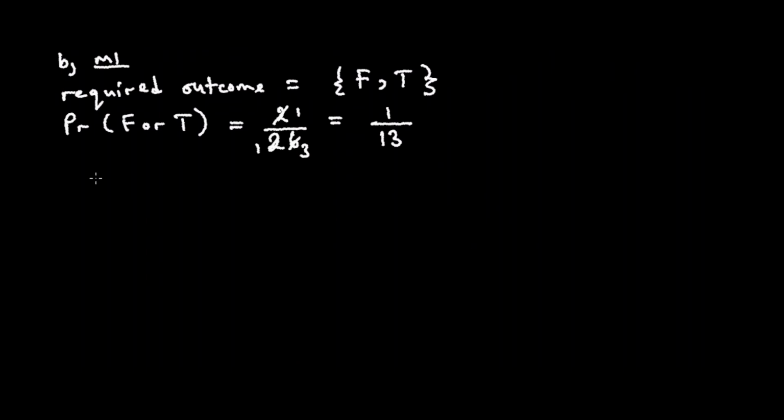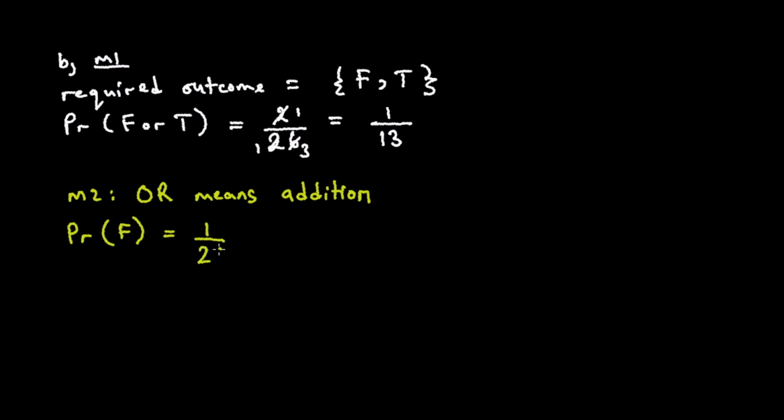Method number 2 inotangira pa premise yekuti oro means addition. Saka kana iri f or t, we are going to add the probabilities. Saka zvamuri kuita apa muri kuti the probability yekuwana f ndeyani, tatoita kudhara ndi 1 over 26.